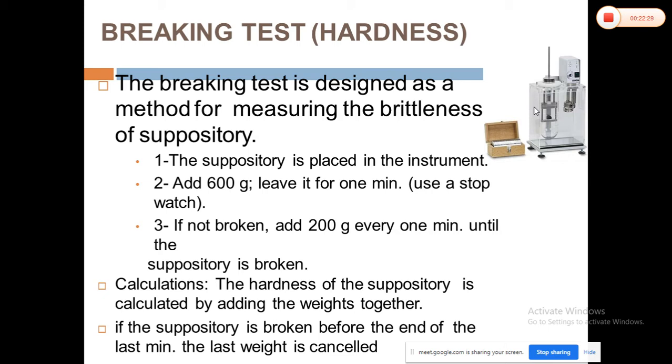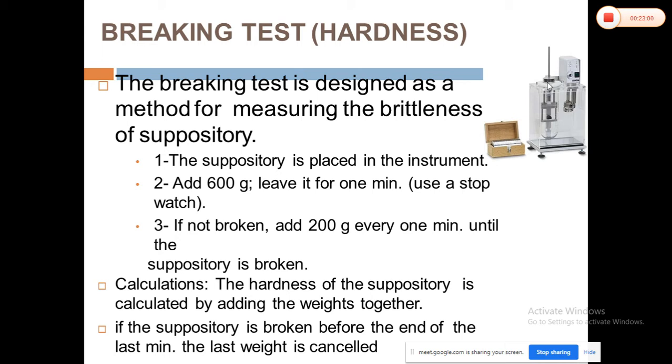In this apparatus, we apply weight. We place the suppository between these two angles, the suppository is placed in the instrument, and then we add the 600-gram weight here.